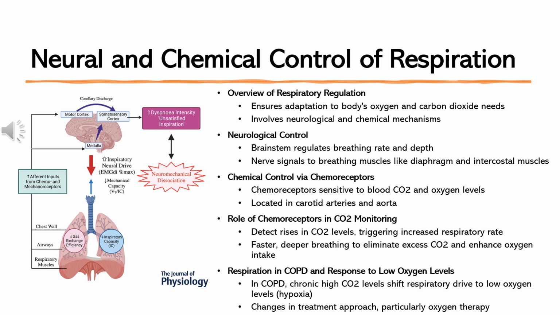This shift is significant because it changes how we treat and support patients with COPD, especially in managing their oxygen therapy. We need to allow their oxygen levels to become a little bit lower in order for them to have a reason to breathe. Understand that the regulation of respiration is a very complicated interplay between neurological controls and chemical sensors in our body, and all of these mechanisms ensure that our breathing meets the body's needs, adjusting for changes in activity levels or health conditions like COPD.